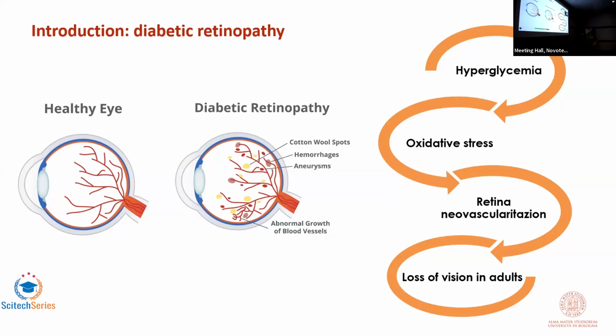Of course, all these steps take many years. Not everybody loses vision, but it could happen. In the later stage of the retinopathy, the vision is impaired. So we need to act so that these people really have a better quality of life, even with diabetes.